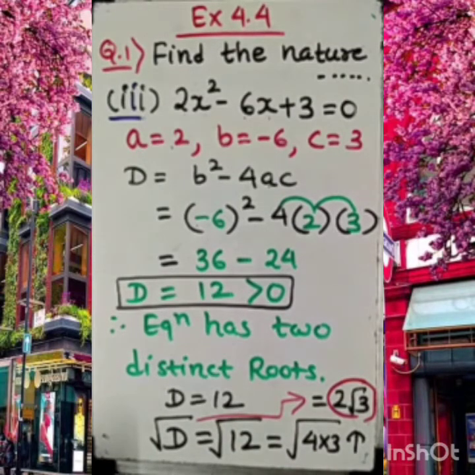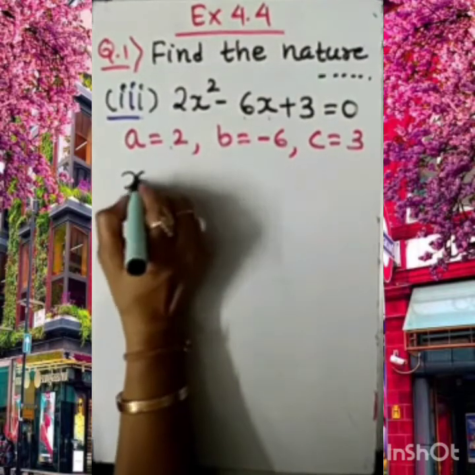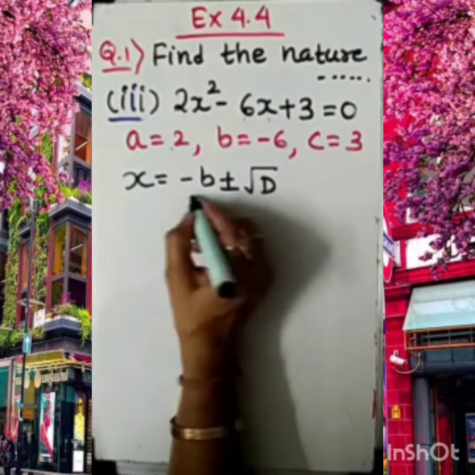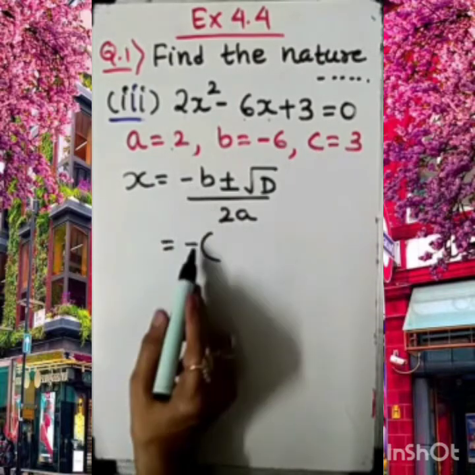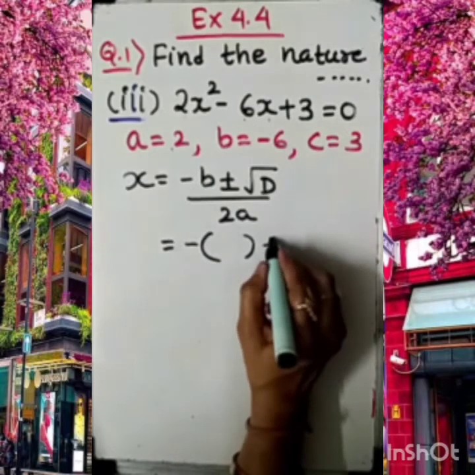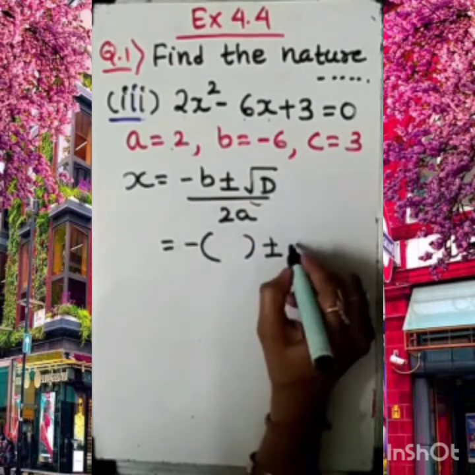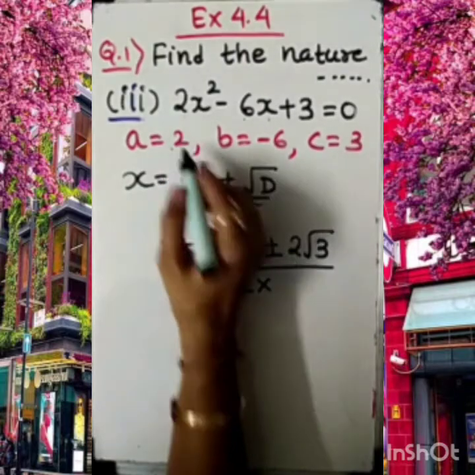Now let's substitute all these values in the quadratic formula to find the roots. The quadratic formula is x equal to minus b plus or minus under root of D upon 2a. In this formula, let me insert. Keep this minus safe here, and whatever the number, keep it in a bracket. Plus or minus under root D, the value we got, 2 root 3, and 2 into a, a means 2 here.